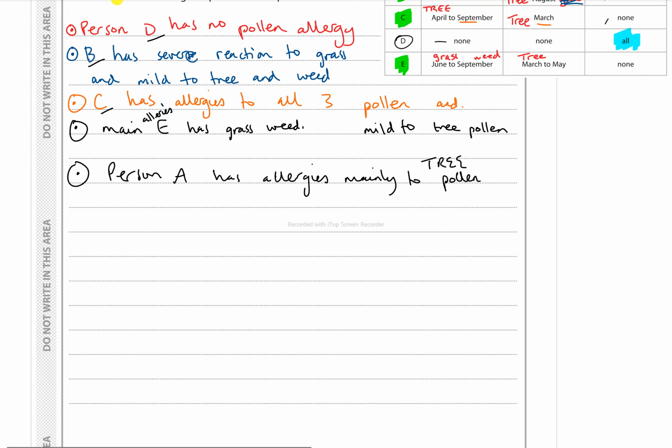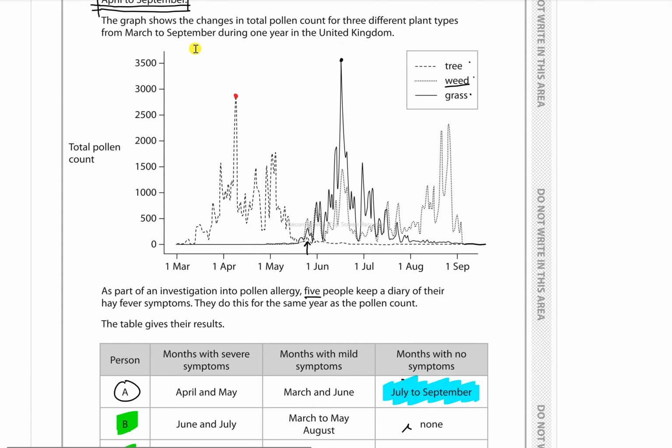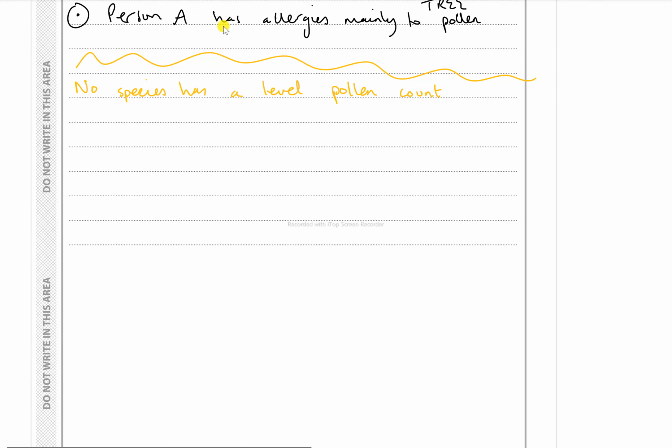Right, so that was that part. Now we need to discuss the other parts. Right, if you notice that no species has a level pollen count. Right, and what they've just, okay. Another thing they've done is, what are the negatives of this?